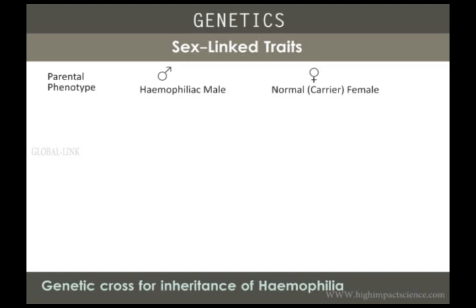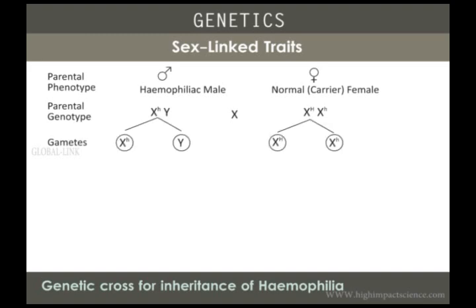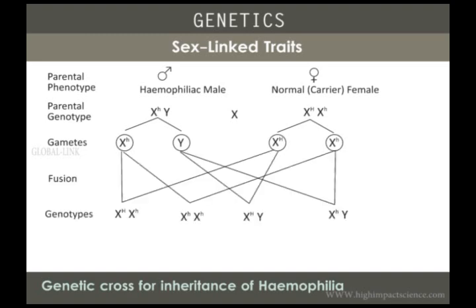Parental genotypes: the male is X^h Y and the female is X^H X^h. Then we have the gametes, and when they fuse, we get a carrier female, a hemophiliac female, a normal male, and a hemophiliac male.